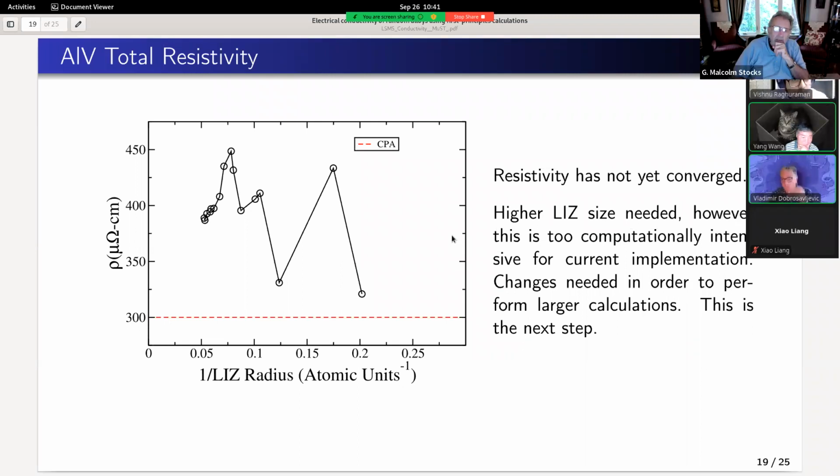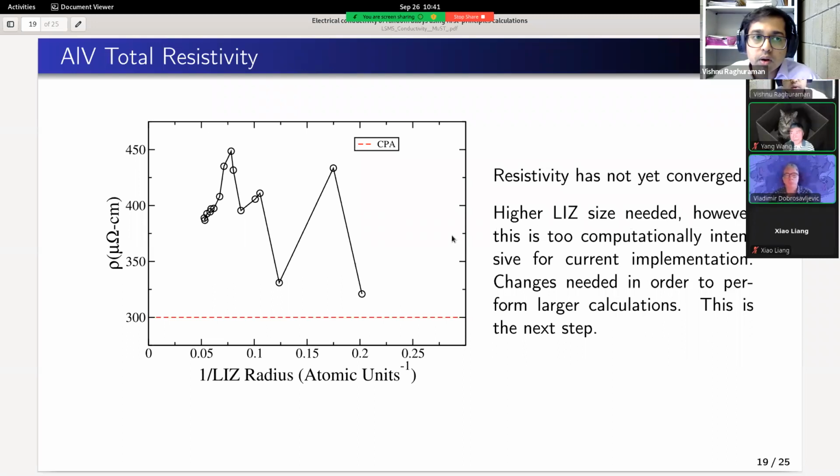Again, this resistivity is from what? What's the experimental resistivity? Do you know? Not for this. When we did calculations comparing to experiment, we got something again similar, 20% higher than the experiment.